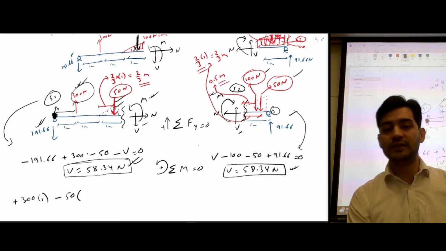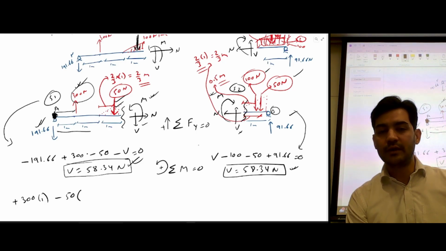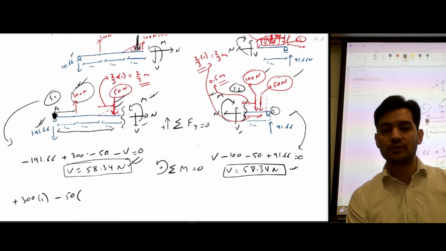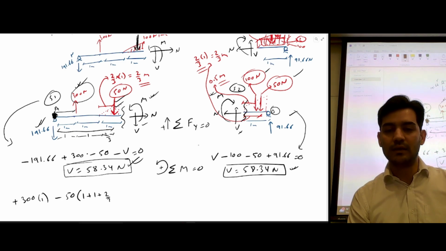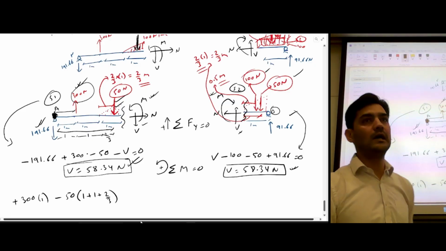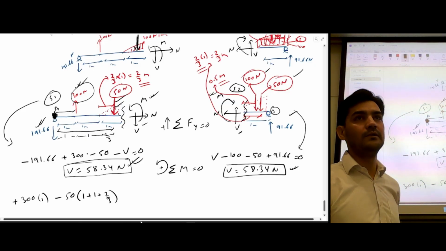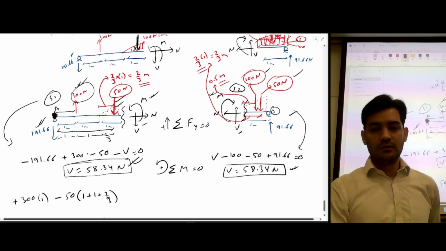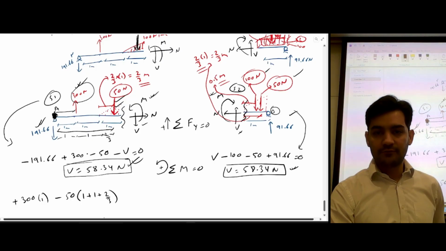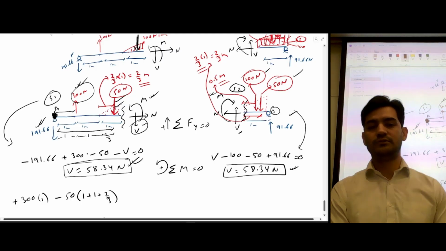We have to calculate the distance from point A to this force. So this is 1, this is also 1, and this distance is 2 by 3. So it's going to be 1 plus 1 plus 2 by 3. That's the moment arm. And then you have this shear force.